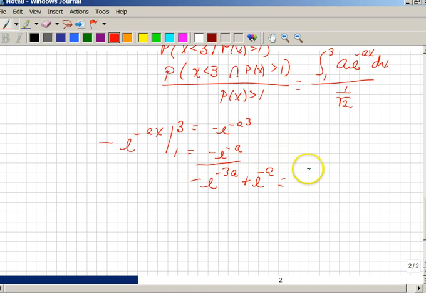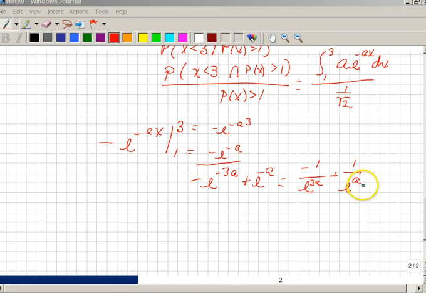So I'm going to rewrite this as, let me flip those negative powers: negative 1 over e to the 3a, that's the first one, plus 1 over e to the a. Now I think I'll get a common denominator.